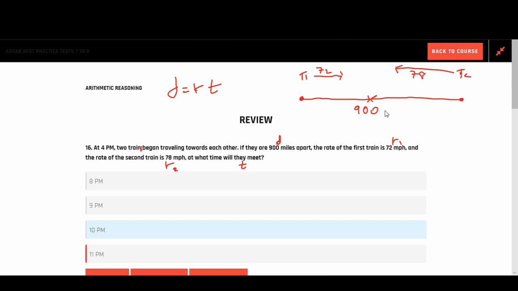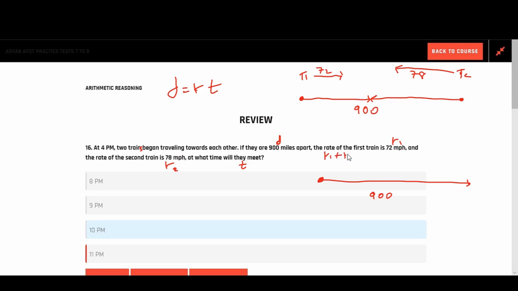These are combined rate problems, and once you know the trick to solving them, they get really easy. And the trick is this: instead of regarding these as two trains going toward each other, you want to think of it as one train going the same distance, 900 miles, albeit at a combined rate of both trains.